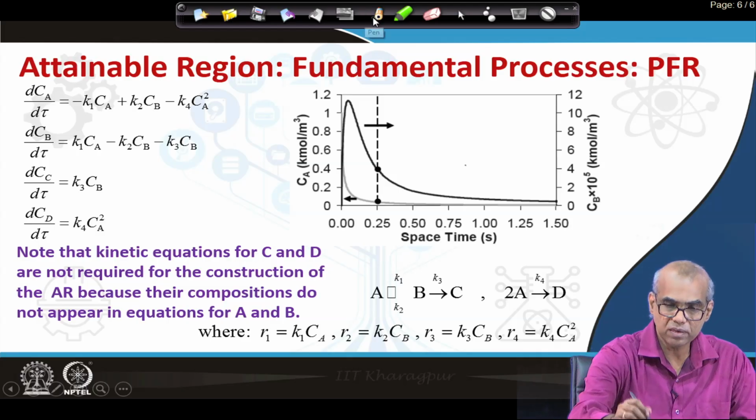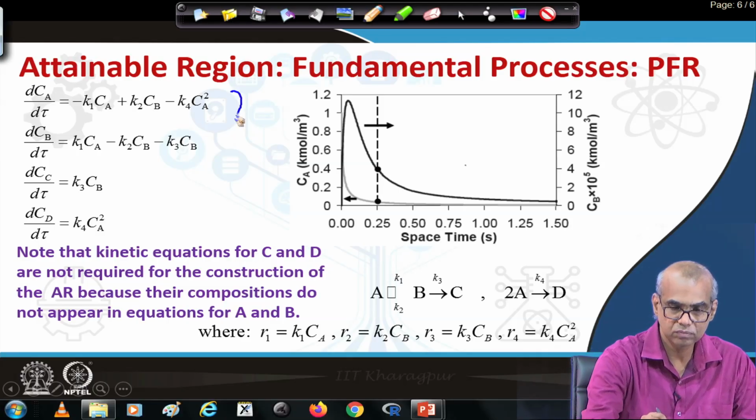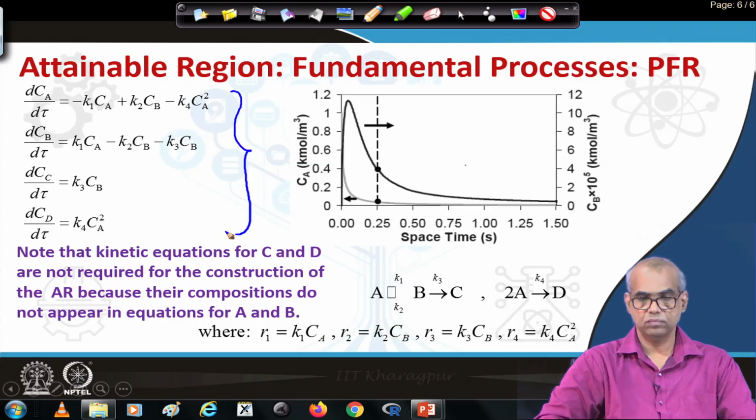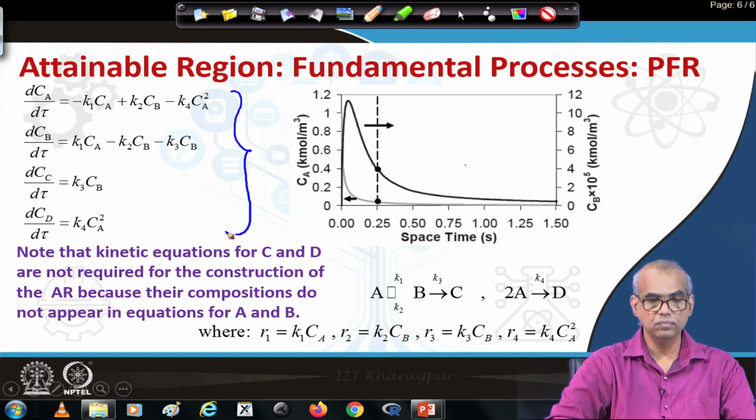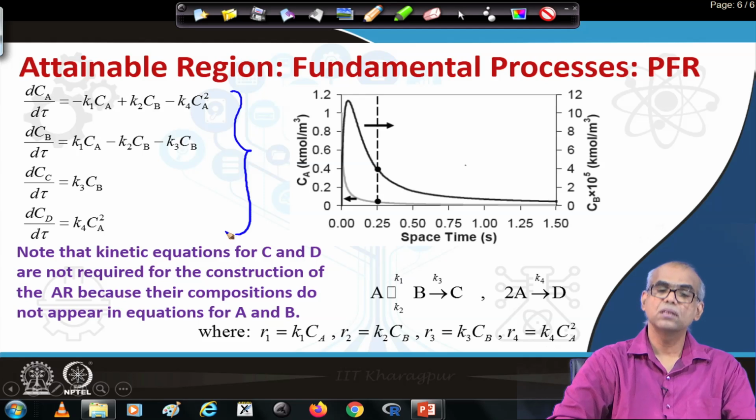So, these are the mass balance equations for the PFR. These are differential equations of the species A, B, C and D with respect to space time tau.